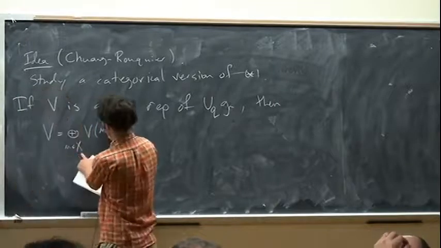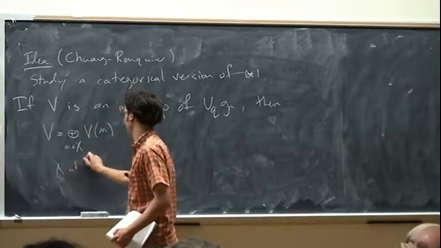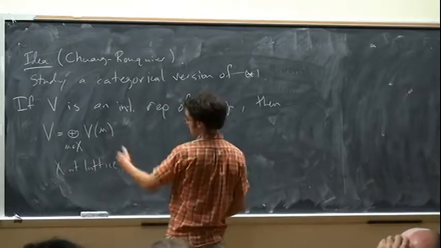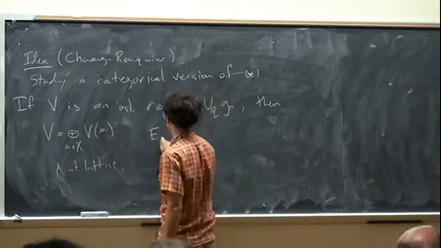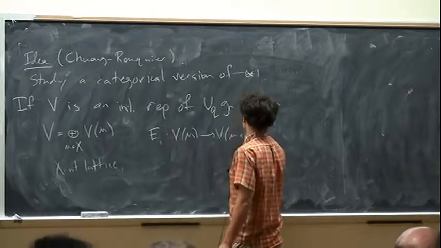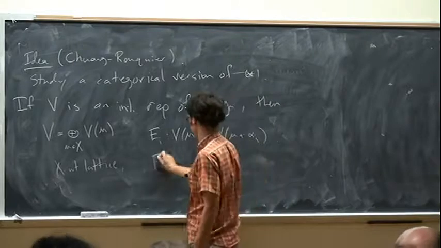Here X is the weight lattice, which controls the action of the H_i. We have our operators E_i, which move you around between the weight spaces. These alpha_i are the simple roots.